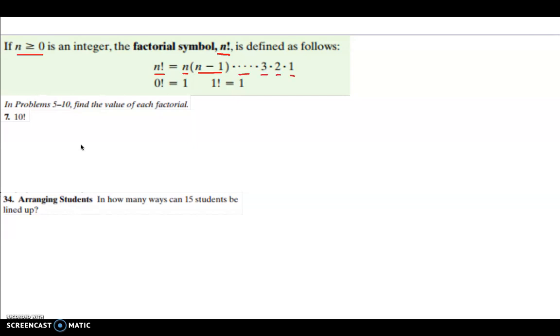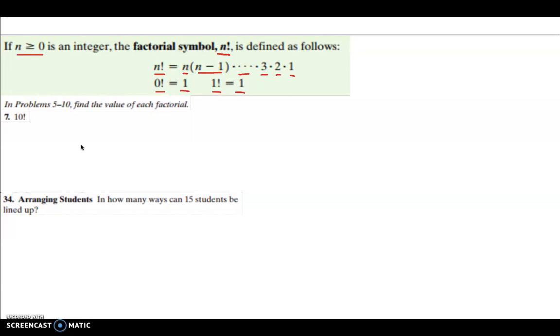It's just that number, say it's 20, times every number below it. 20 times 19 times 18 times 17, 16, all the way down to 3 times 2 times 1. These factorials are huge numbers and can get huge fast. The definition of 0 factorial is that it's equal to 1, and 1 factorial is also equal to 1. That's by definition of a factorial.